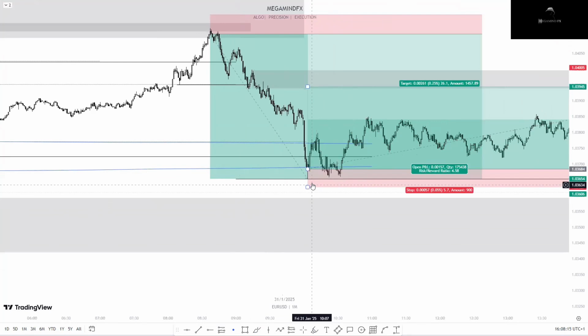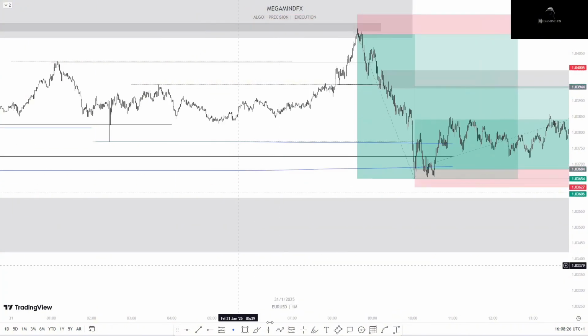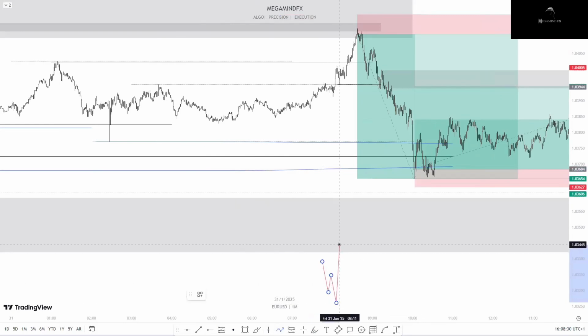But if it takes it out and doesn't close with momentum, it closes weak, it's still valid. It can do double inducement like this. Do you understand? Yeah, I understand. So it's very valid. Only candle close is what you're looking for.